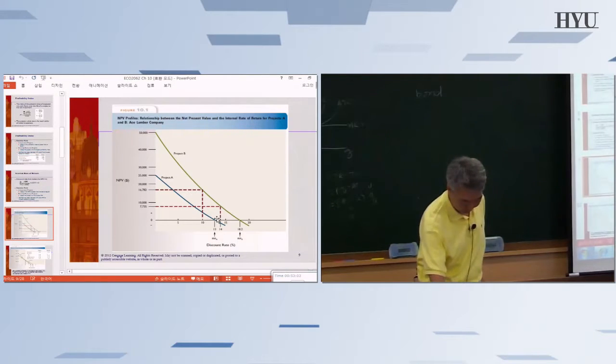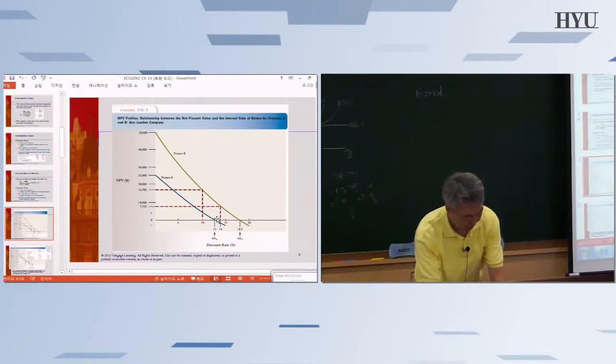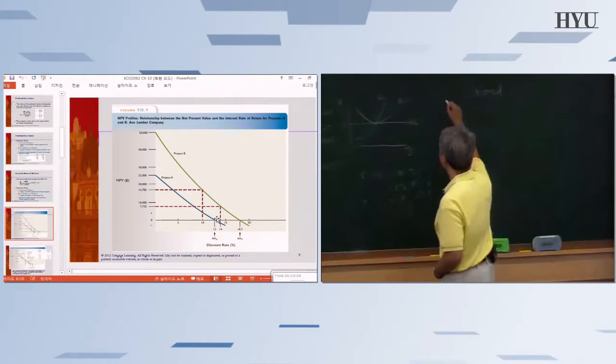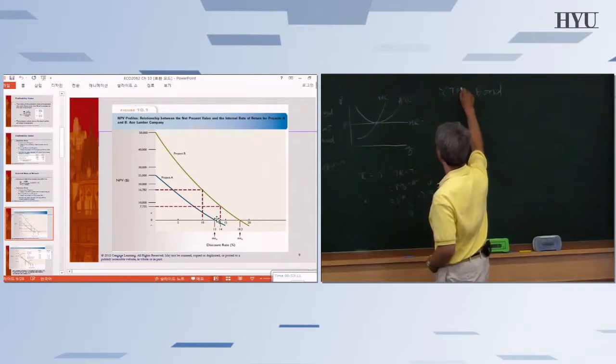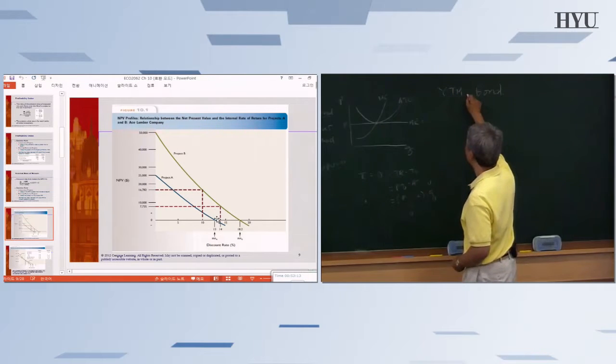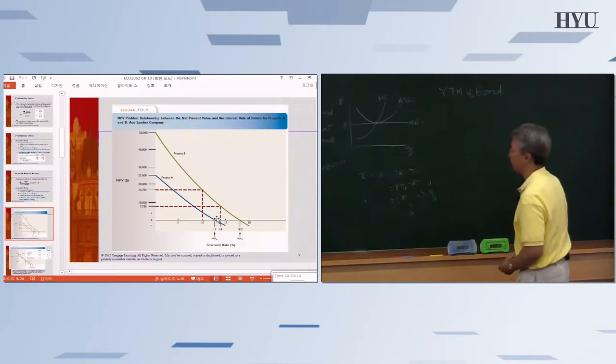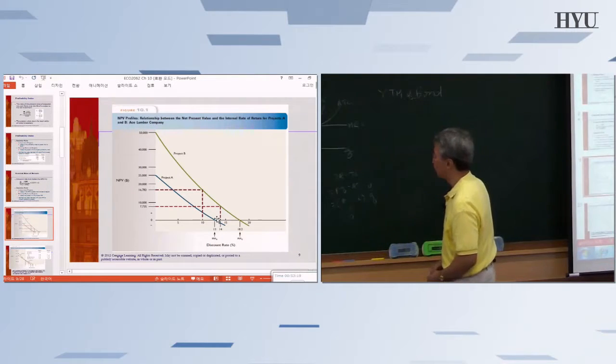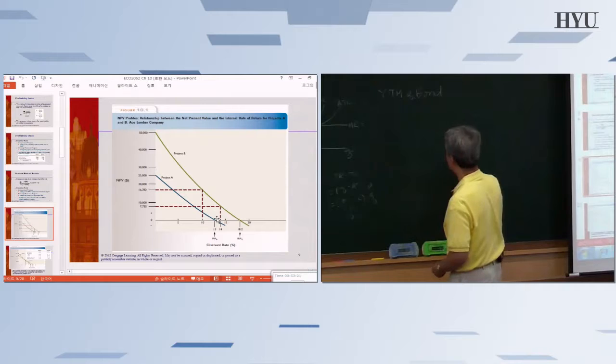What do we call that? Yield to maturity. Yield to maturity of a bond. Okay? And bond, sorry, I'm running out of time here.